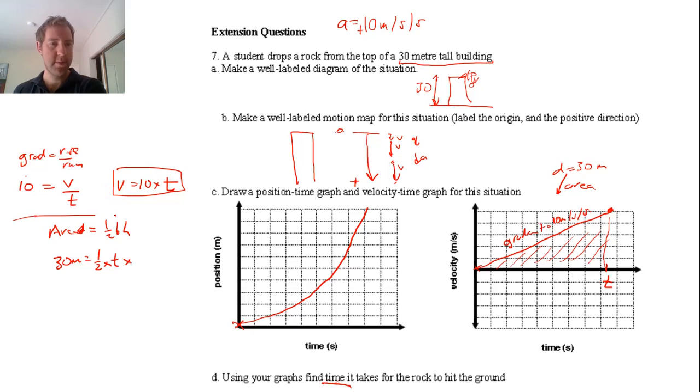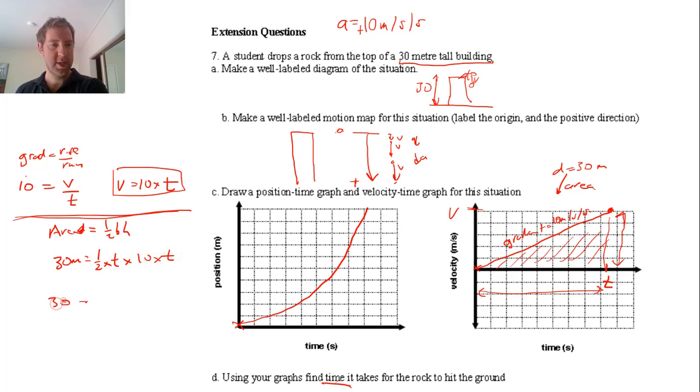Let's go back to this one. My area equals half base times height. Yes, I know that. 30 meters is my area. Been given that, I'm kind of working backwards. Half times my base is t. That's t, and my height is some velocity v, and I've worked that out already, is 10 times t.